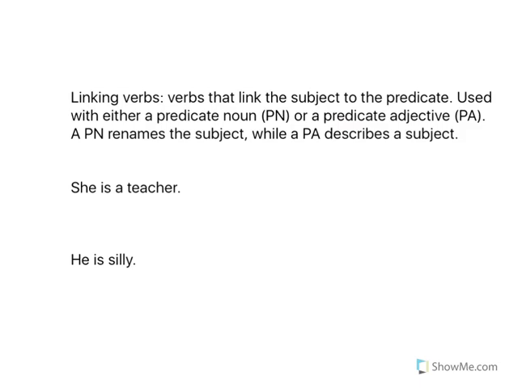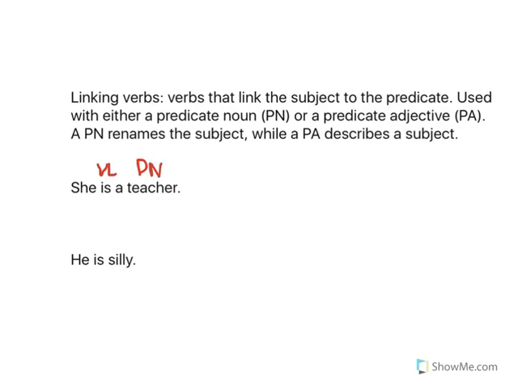So our first sentence says, she is a teacher. Our linking verb in this sentence is going to be is, verb linking, and our predicate noun is going to be teacher. We can see this because is the verb helping rename she.